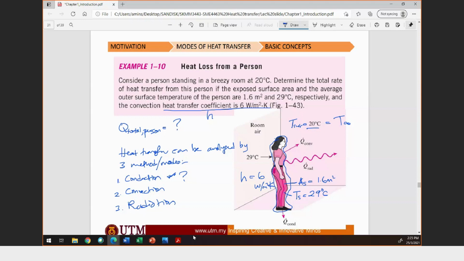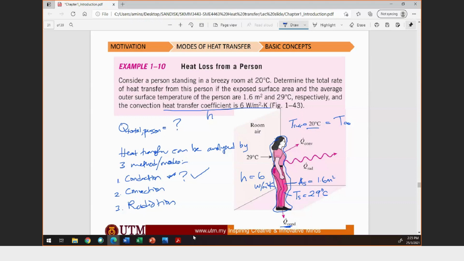I think it's given here in the picture. There is a heat conduction because there is some surface that directly touches the room. This human is not hanging around, so is touching one part of the room, which is the floor area. So this means there is conduction here.